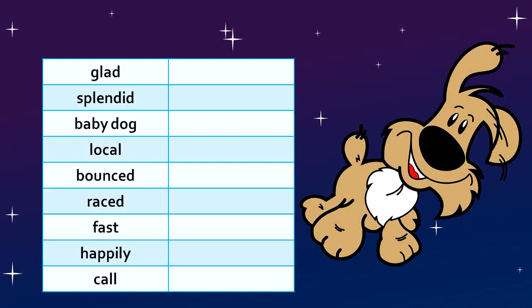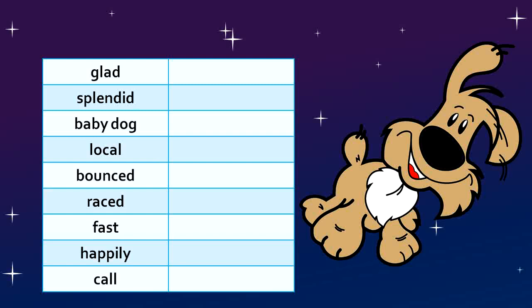Glad, splendid, baby dog, local, bounced, raced, fast, happily, and called. Now let us think about synonyms for each of these. But remember, when replacing in a paragraph, we have to see if the synonym fits in the paragraph properly.